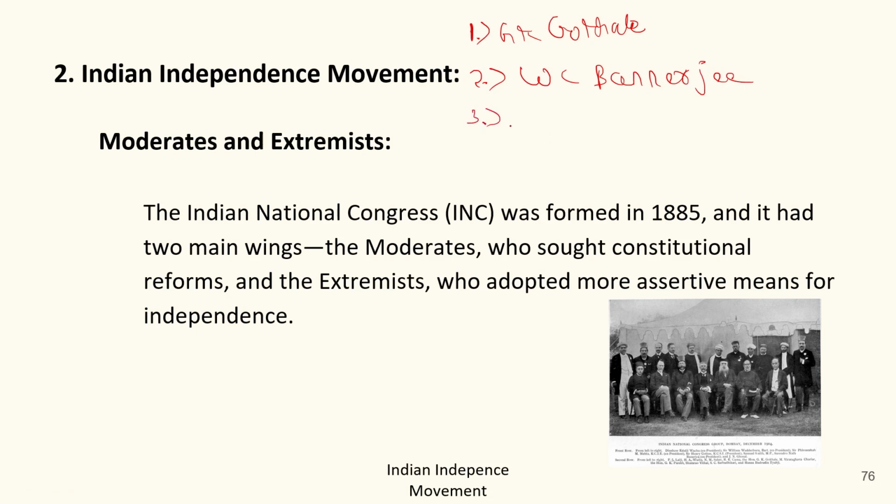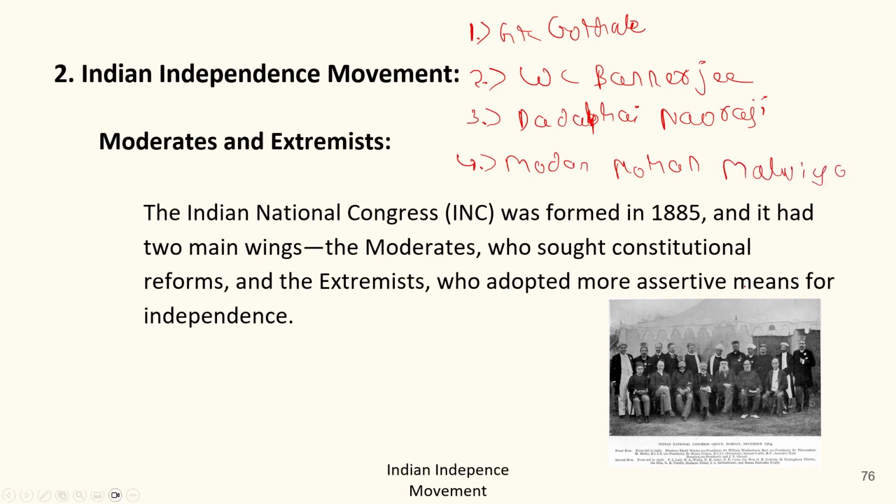Number 3 was Dadabhai Naoroji. And number 4 was Madan Mohan Malviya. Okay, so these were the leaders of the moderate division, who believed in talking rather than taking extreme action.